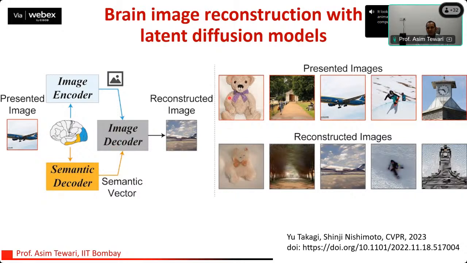The person was presented with these images, and the AI was asked to reconstruct them. These were the images which the person looked at, and these are the images which the AI reconstructed. As you can see, these are not exactly one-to-one images, but they are very, very close.